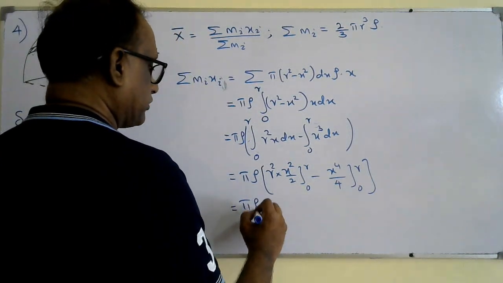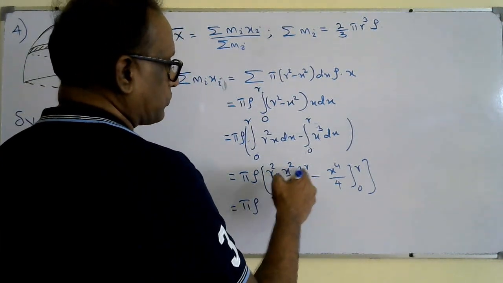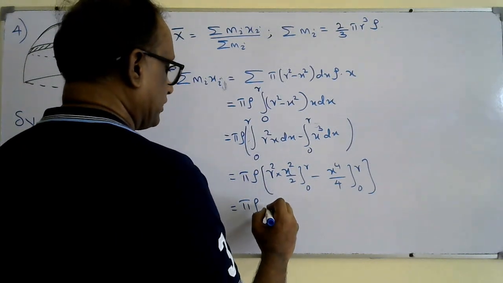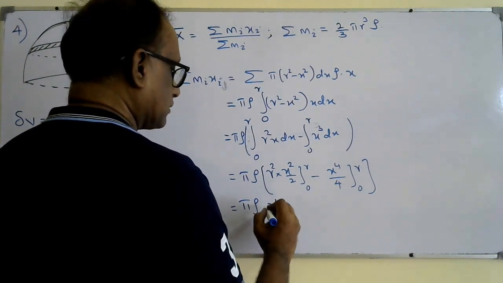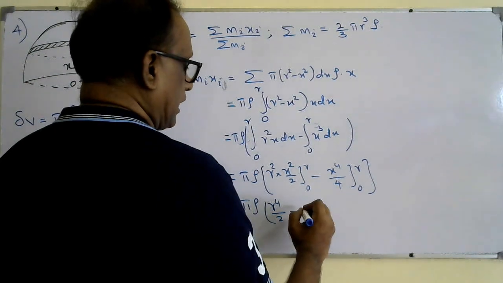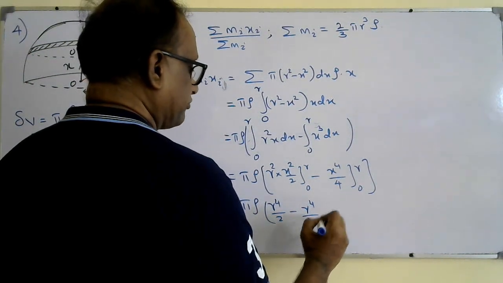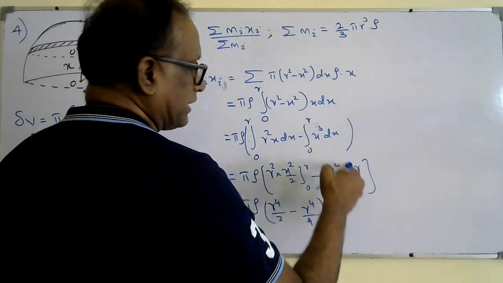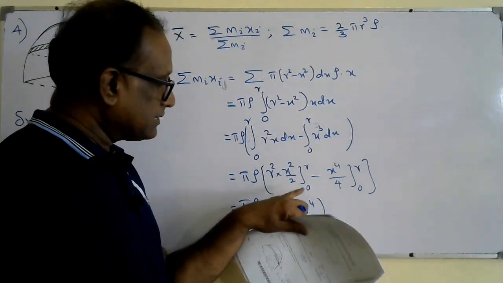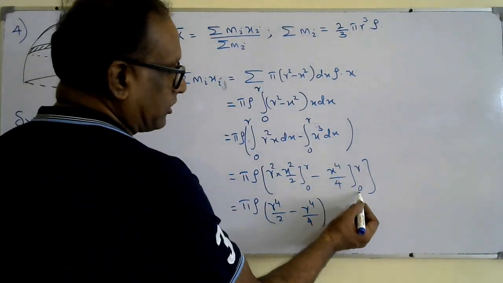So pi rho, r squared times r squared by 2 means r to the power 4 by 2, minus r to the power 4 by 4. When you substitute 0, it will become 0, here also it will become 0.